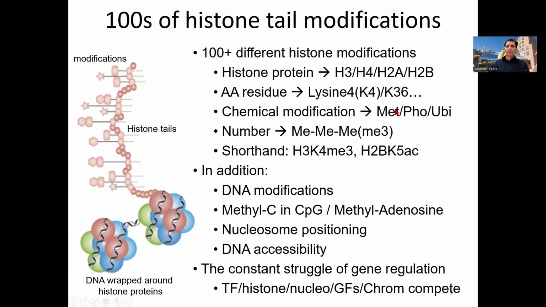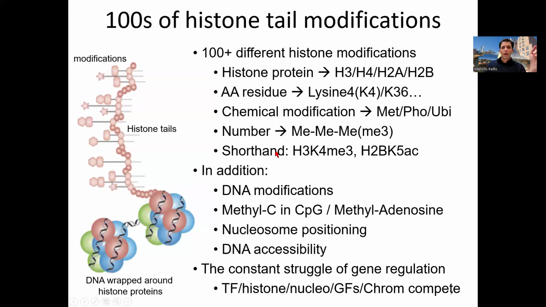You can have methylation, phosphorylation, ubiquitination, sumoylation, you name it. You can have one methyl group, or you can have CH3, and one of the H's becomes another CH3, and another CH3, etc. So you can have methyl, methyl, methyl, also known as trimethyl. So when I talk about H3, you're going to be like, oh, histone H3, no problem. K4, oh, lysine 4, no problem. Me3, oh yeah, trimethyl, no problem. Everybody with me here? Awesome.